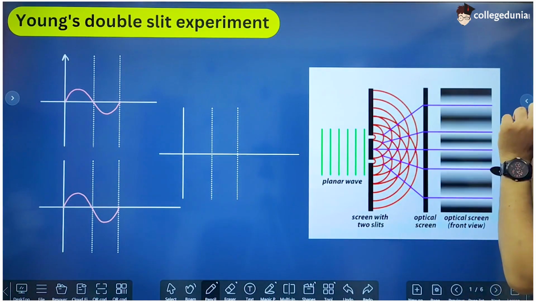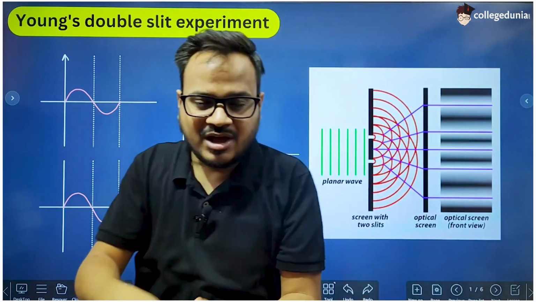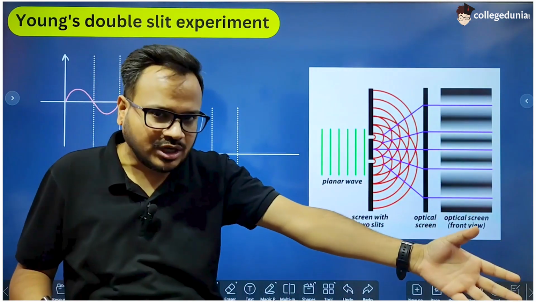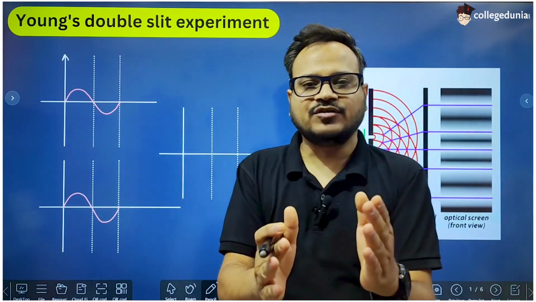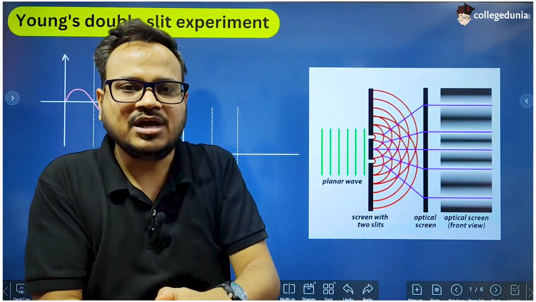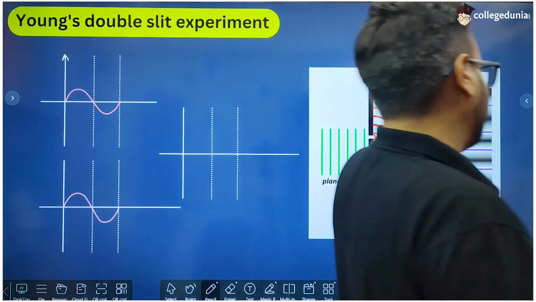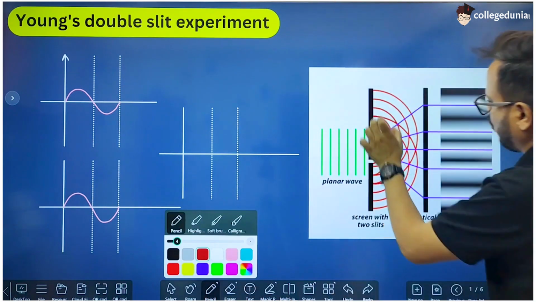Because there will be some points where the crest of one wave is going to fall on the crest of the other wave, and some points where the crest of one wave is going to fall on the trough of the other wave, and there are other points also where some part of the crest is going to fall on some part of the trough, and the overlapping will not be uniform. So we will get a pattern like this if these are two coherent sources.